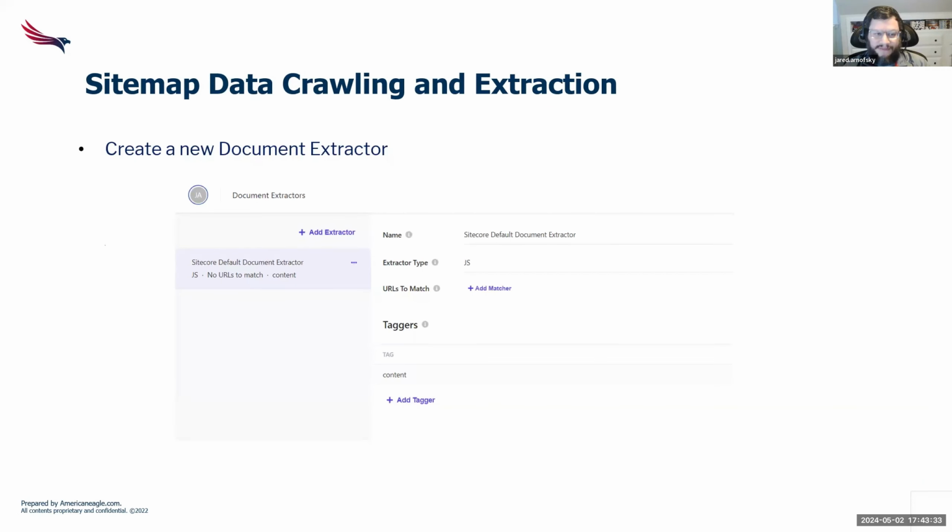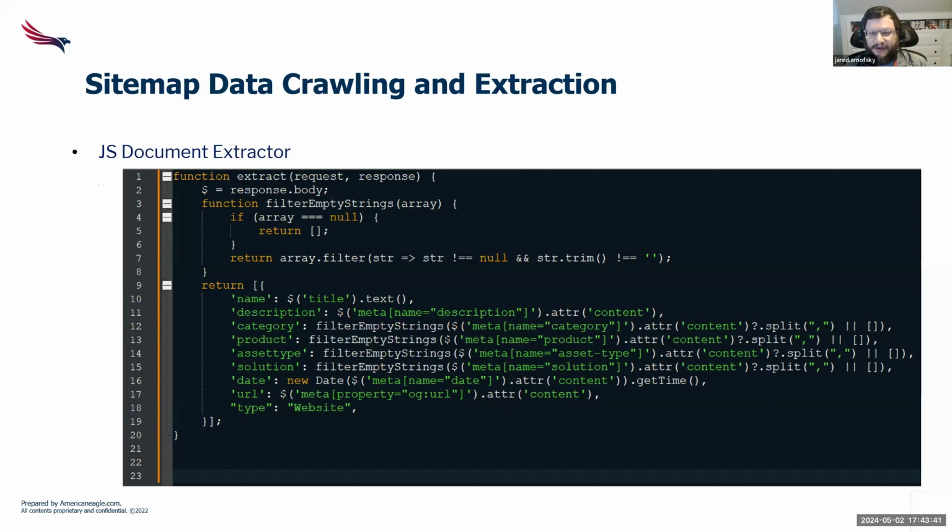In here, if you clicked on content under taggers, you could select your extractor. And this is the code that lives within that extractor. Like I said, it runs Cheerio syntax. It's a fast, flexible library for parsing HTML and XML.